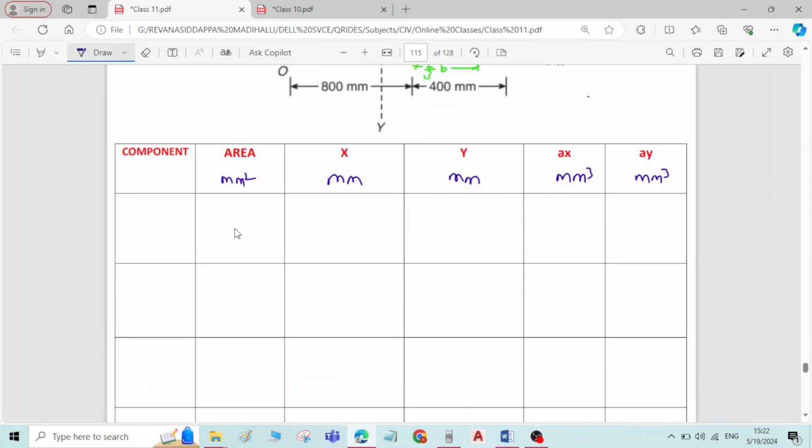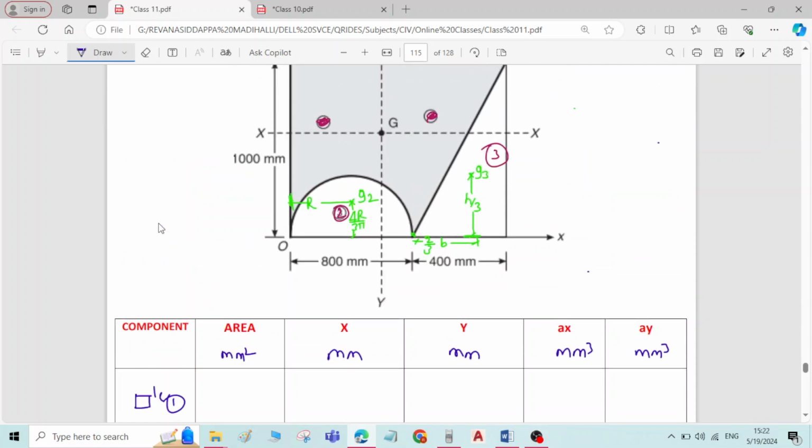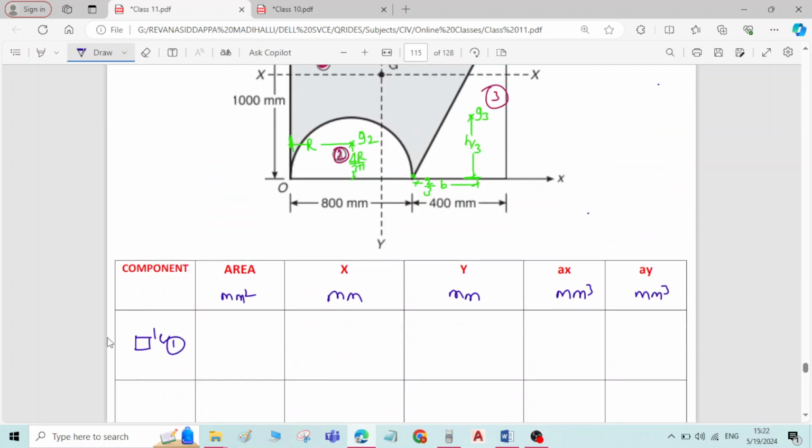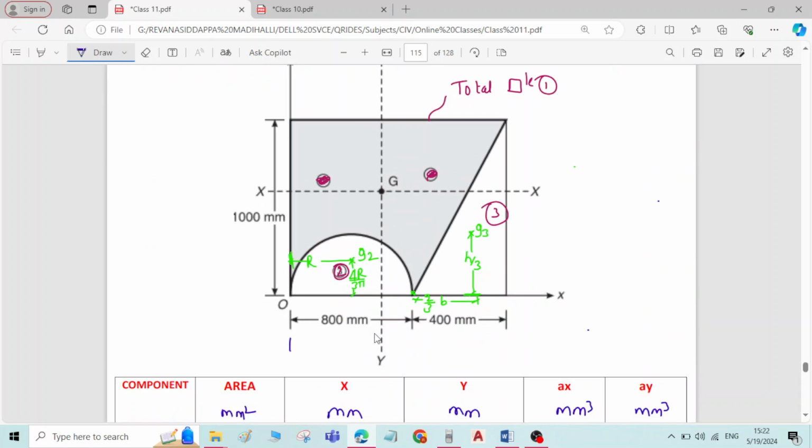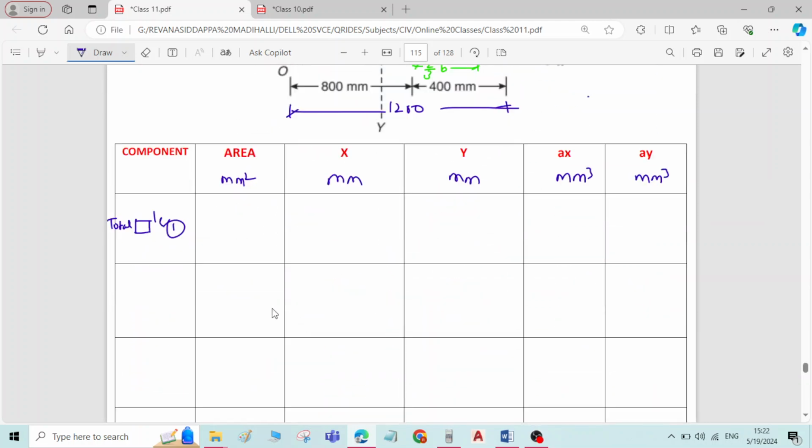First component is total rectangle 1. The overall width of the rectangle is 800 plus 400, 1200 mm. So the width of the rectangle is 1200, depth is 1000, as given in the problem.